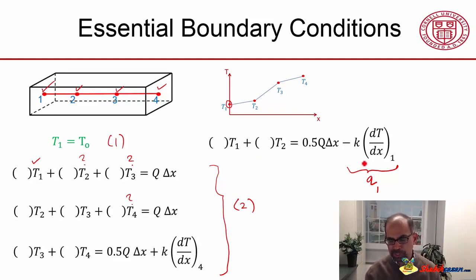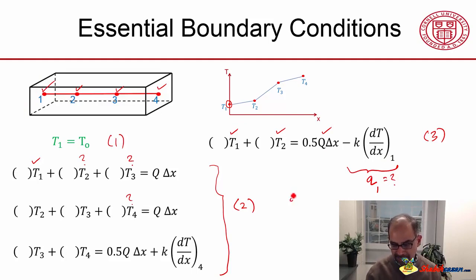Then what do I do with this equation here? It turns out you can do something very important. In the 3rd stage, you can come to this equation and say, hey, now I know T1 and I know T2, and this is a known quantity, so I can determine the flux at the left boundary.